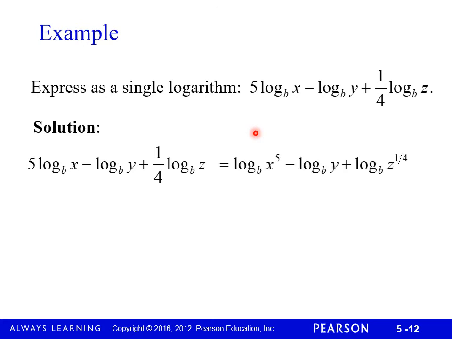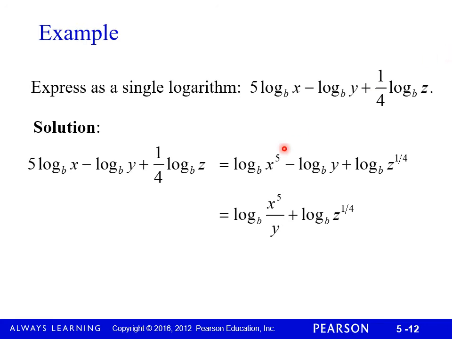So here's the original problem. We can pull the exponents back up. Any multiplier in front becomes an exponent on the argument, so we have x to the 5th. There is no exponent here, so I'm not worried about that. And then we have z to the 1/4. Remember again that when we're subtracting things, it becomes the denominator.